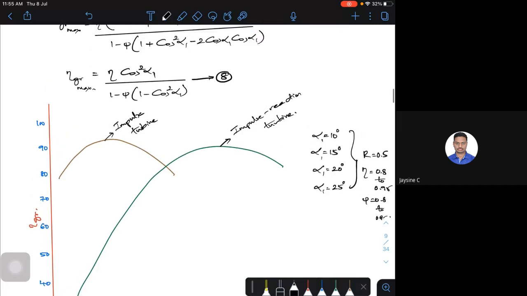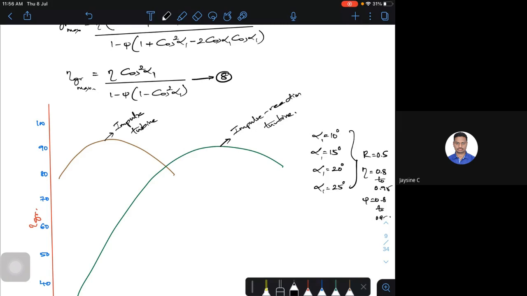You have the gross stage efficiency for the impulse machine, and the gross stage efficiency expression for your impulse reaction machine. Now try to compare them. Your expressions are different, for R equal to 0.5. Maybe you can also look at the gross stage efficiency plot for R other than 0.5.